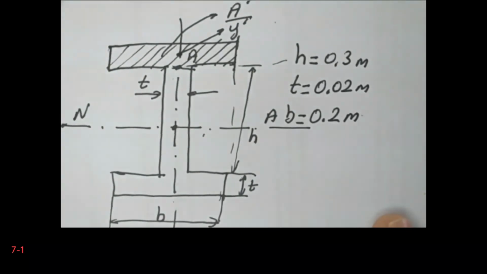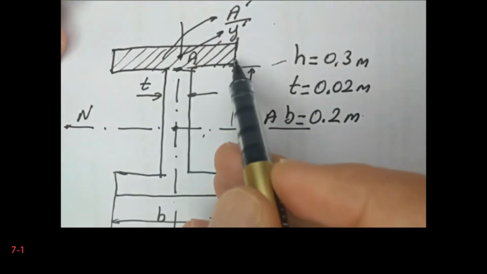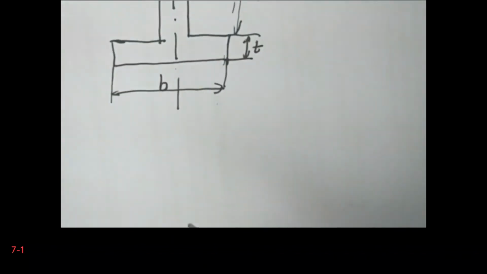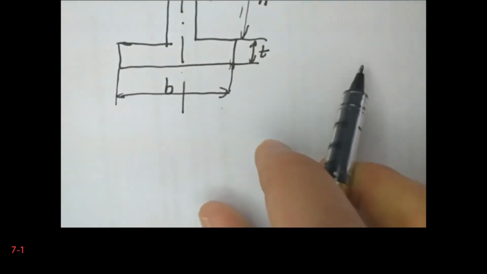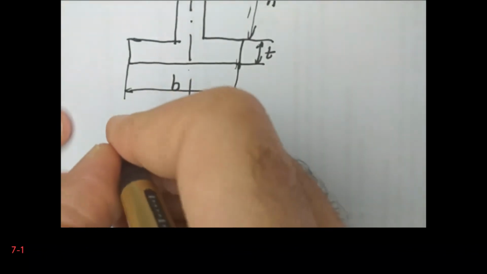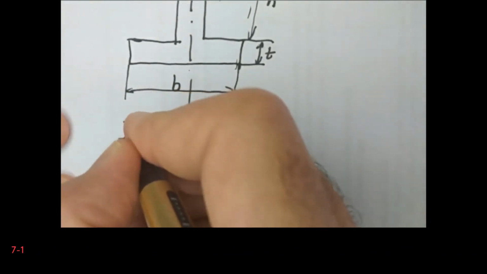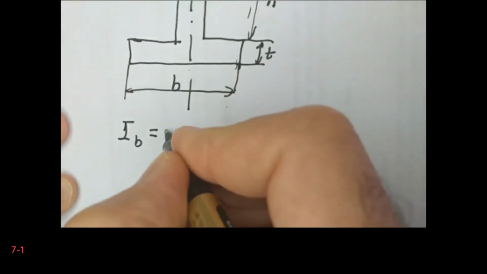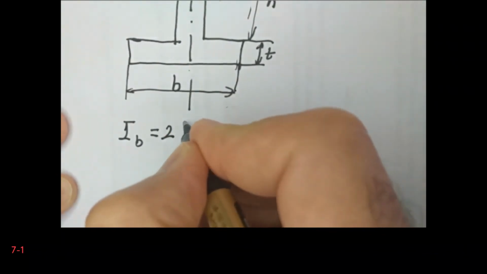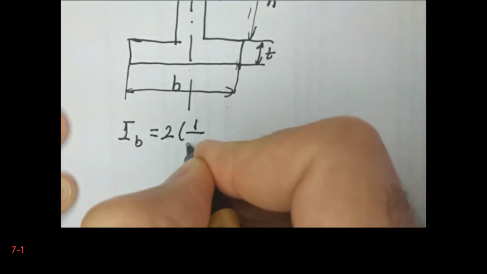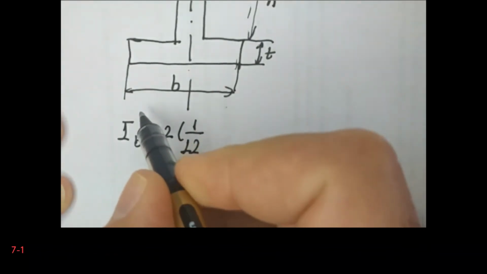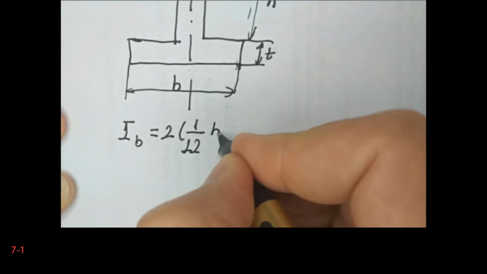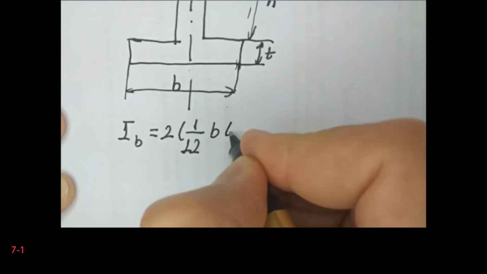Now we have two flanges and one web. So the bending moment of inertia is, for the two flanges, 2 multiplied by 1/12. So it has a width of B, thickness of T cubed.